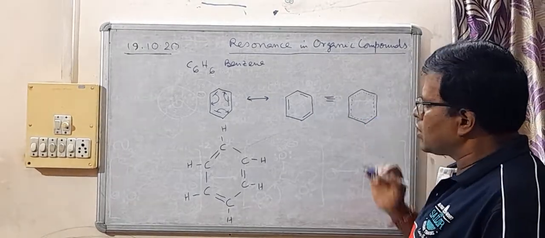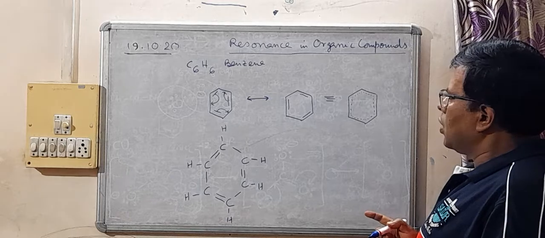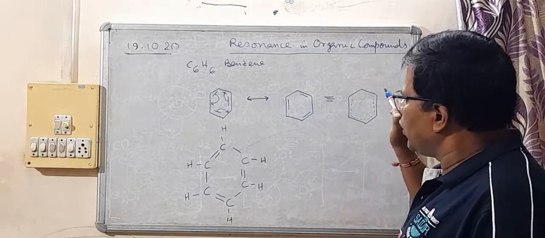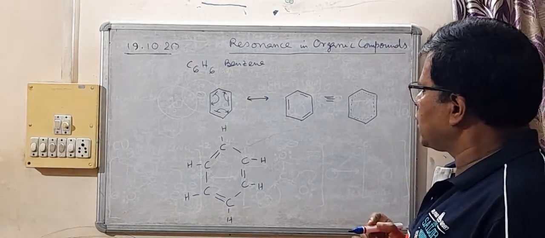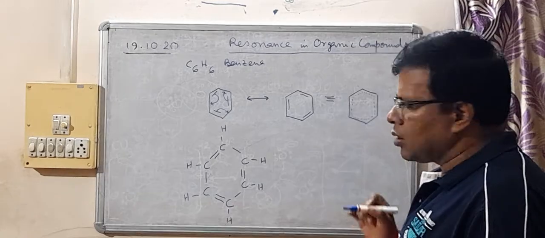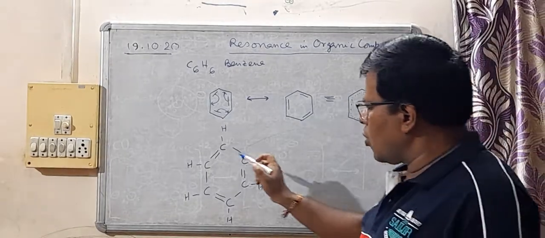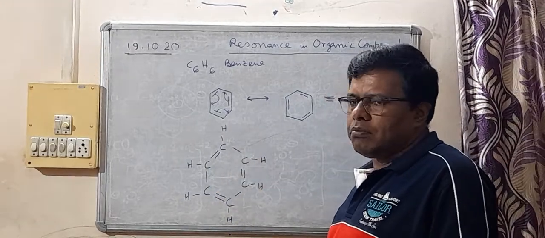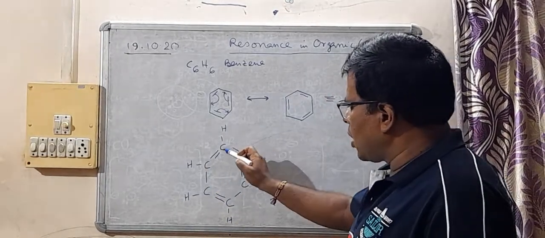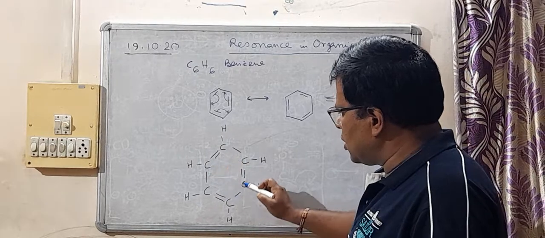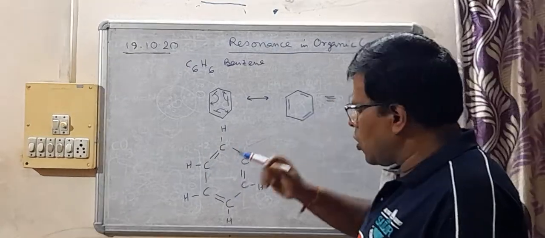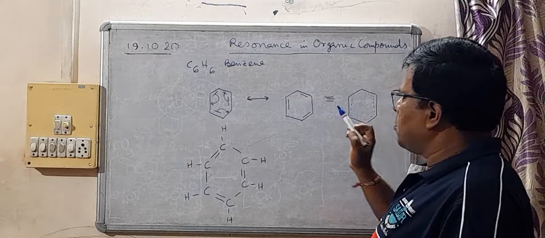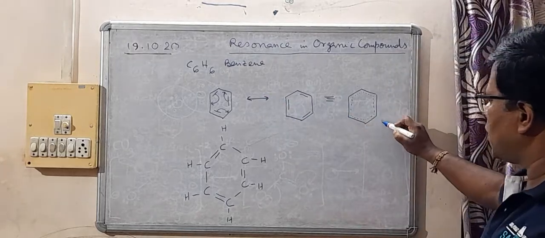So this is the resonance hybrid of benzene, and with the help of resonance we can explain this fact that carbon-carbon bond lengths in benzene are all the same. It is because we can say that benzene is actually this one.